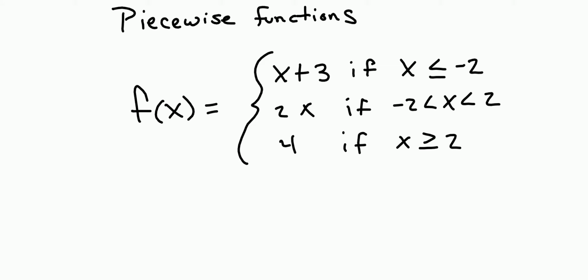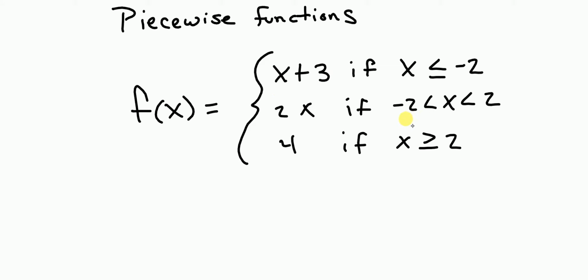So this is how we read this. This would be f of x equals, right? If what we're looking at, if x, we always look at this part of our function first. If x is less than or equal to negative 2, then we would use this function.